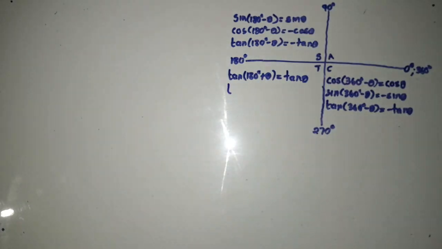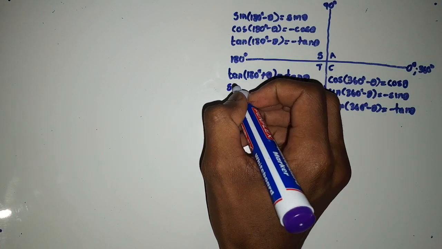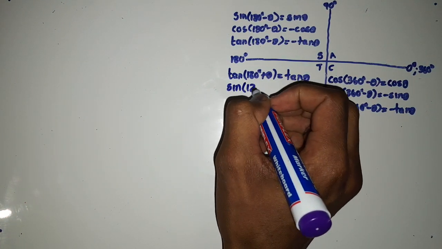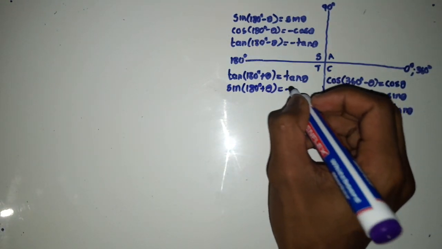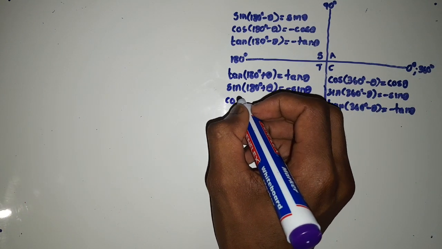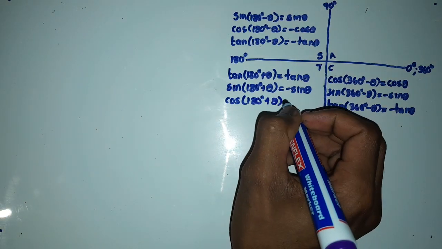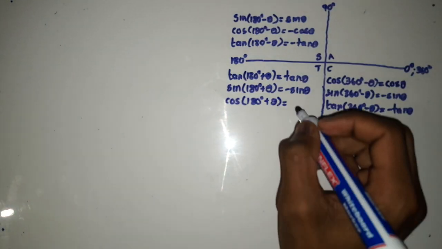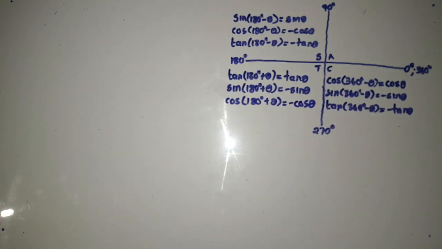Then let us do sine 180 degrees plus theta. We're going to get negative sine theta. Then also have cos 180 degrees plus theta. For this one, we are going to get negative cos theta. You see, like this. We have our reduction formulas.